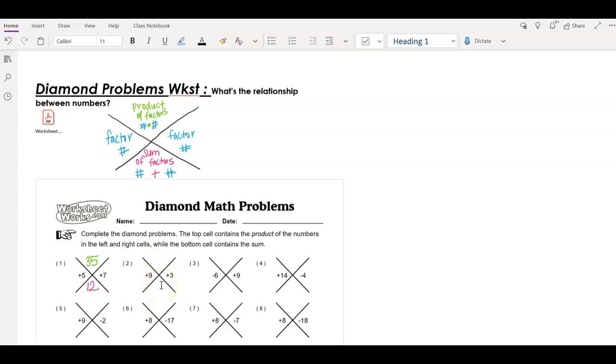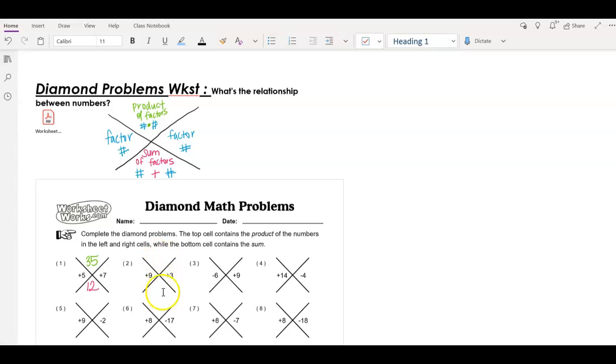That part's pretty easy. What you need to pay attention to are the signs, the plus or minus signs, between each of your factors. Don't forget, a positive times a positive gives a positive number. A negative times a negative still gives a positive number. If you have one of each sign, one positive, one negative, that's going to give you a negative product at the top.